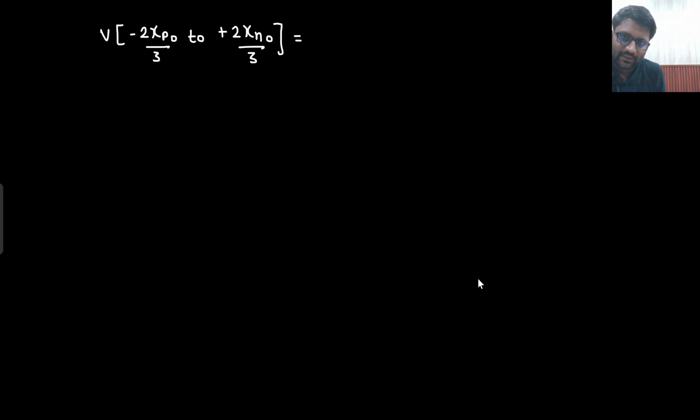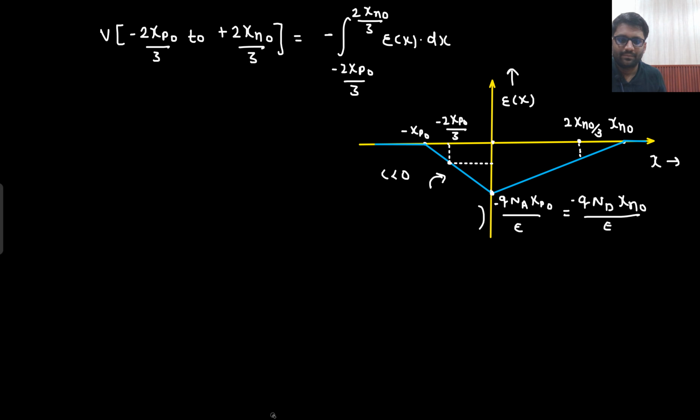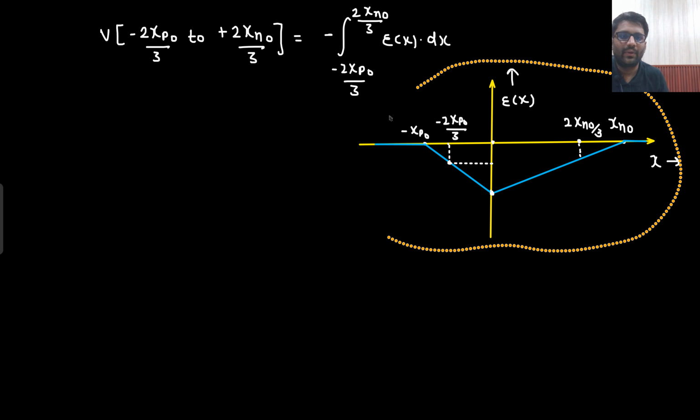What will be the potential difference? So what you need to do is integrate from minus 2 xp naught by 3 to 2 xn naught by 3 of E dot dx, and then there is a negative sign. So from here to here, if I take this particular diagram on the next page, what I need to do is calculate the area.